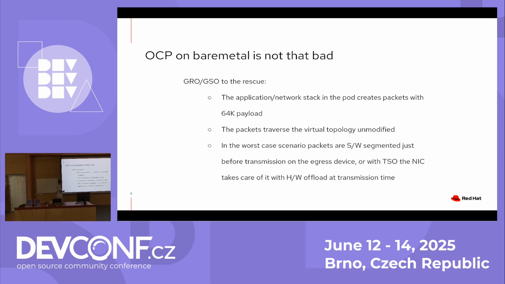So one may wonder how a packet could really get out of there at any reasonable speed, given the overall complexity. But for OCP on bare metal, performances are not that bad, actually.